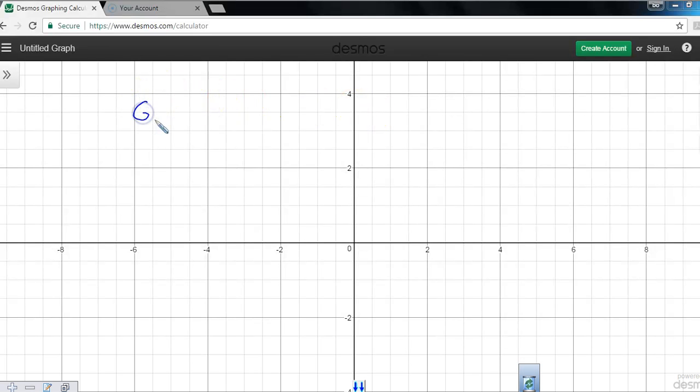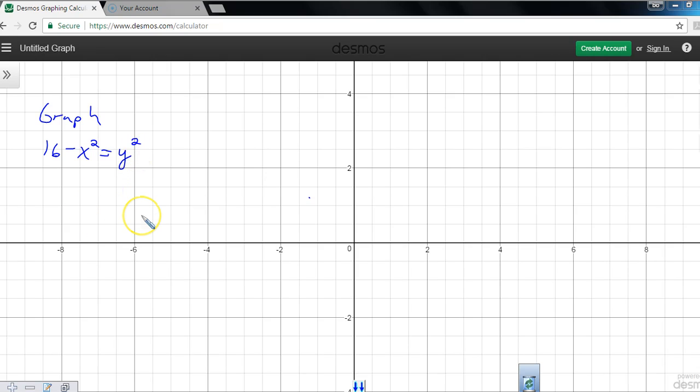Let's say we wanted to graph 16 minus x squared equals y squared.